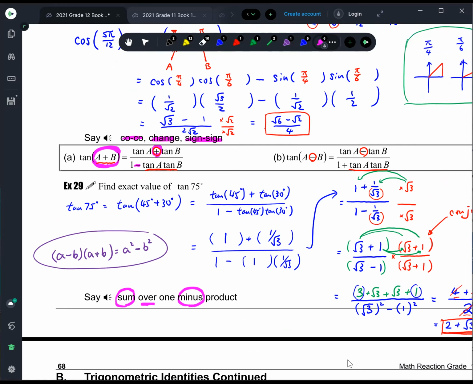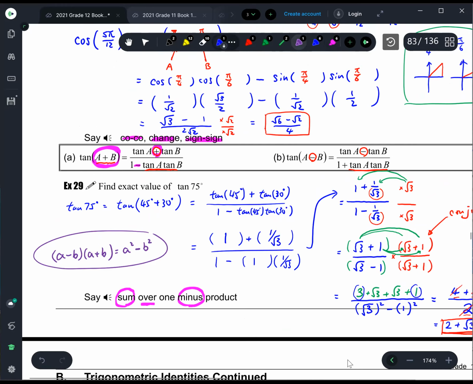Okay, you can add the other one. If it's difference, right? Difference, it will be difference over 1 plus product. We'll write it down here.